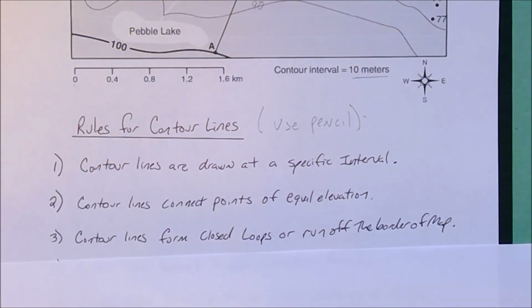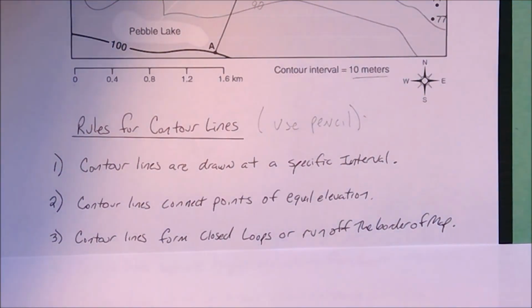They either form a closed loop, usually indicating the top of a hill, or they hit the edges or borders of the map. Make sure that when you draw your lines, you extend your lines to the edge if they are going to hit the edge. If you don't, you'll lose credit for it.